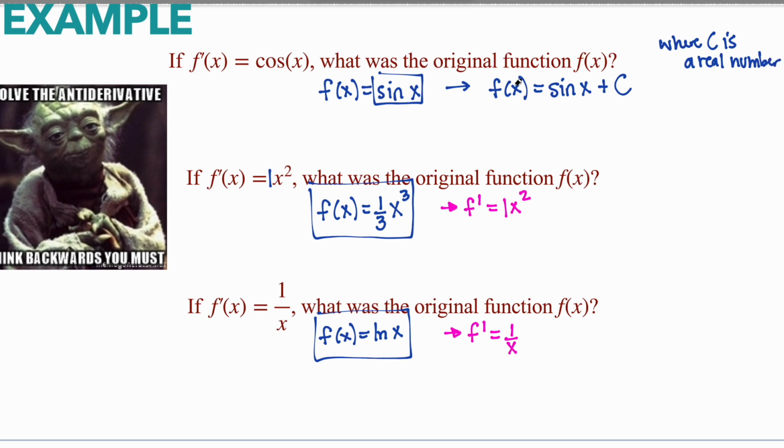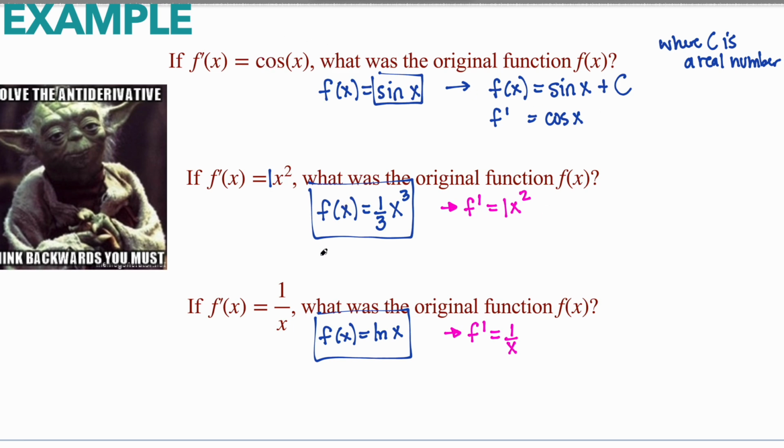Here's why. The derivative of sine is cosine. That's why I got cosine. The derivative of a number is 0. So what we have to assume is there is a chance that there could have been a number with this function, because the moment you take the derivative, it goes away, leaving you with the cosine.